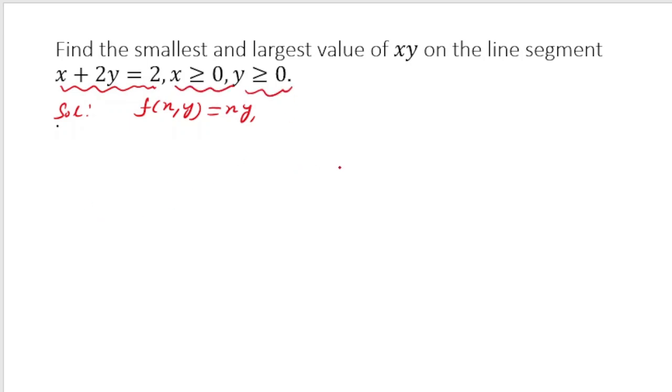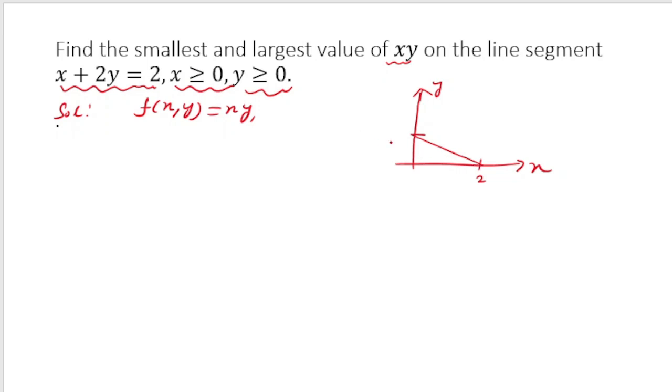If you look at this graph here, it is not needed, but for your convenience I am drawing. Suppose this is the x-axis and this is the y-axis, right? So x plus 2y is equal to 2 means that the x-intercept is 2 and the y-intercept is 1. So we are getting a line, right? And we have to find the maximum or minimum value of x into y on this line.